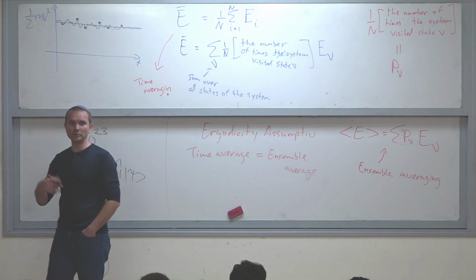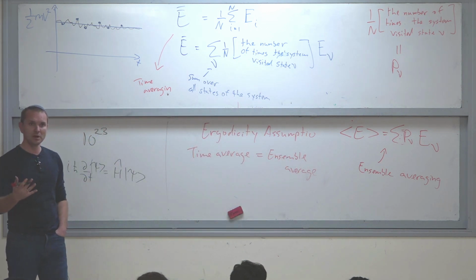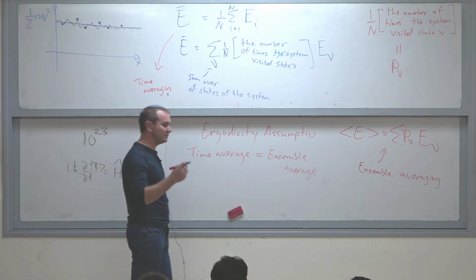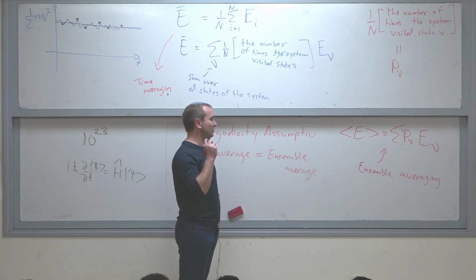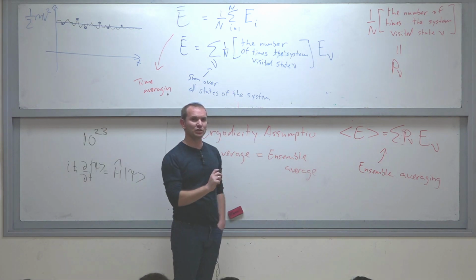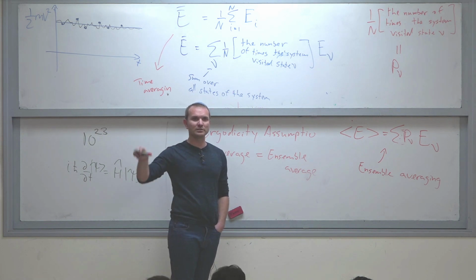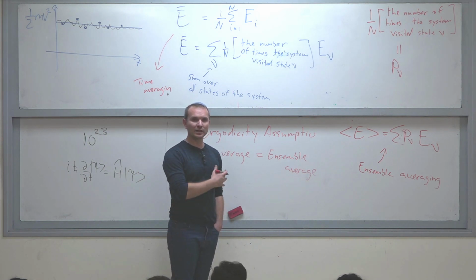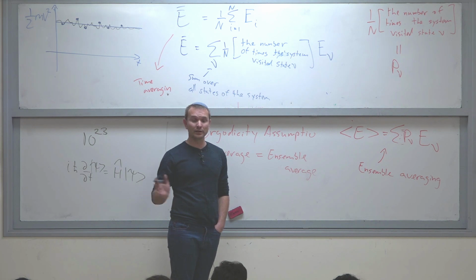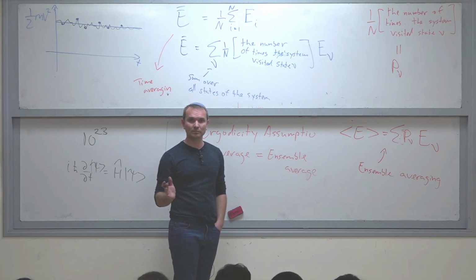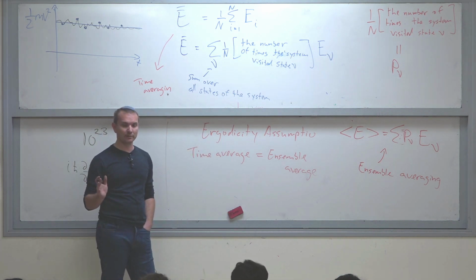So instead of following a system, I will take a system, calculate the probability to observe a system with energy E1, the probability to observe a system with energy E2, and count them all together in a static fashion, without time dependence, without anything.